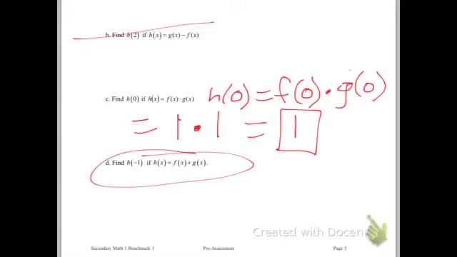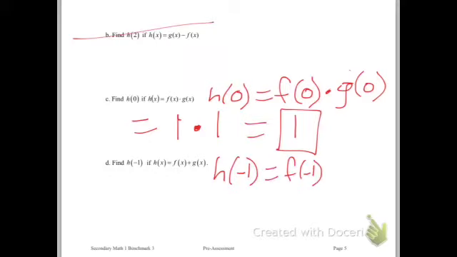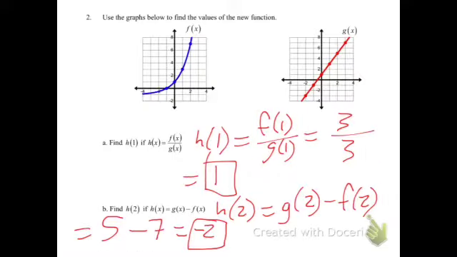On this last one, I need to get h of negative 1, and h is equal to f plus g. So if I wanted to get h of negative 1, I had to get f of negative 1, and I had to add g of negative 1. Well, to get f of negative 1, I need to go to my f graph, where x is negative 1. That's right there.